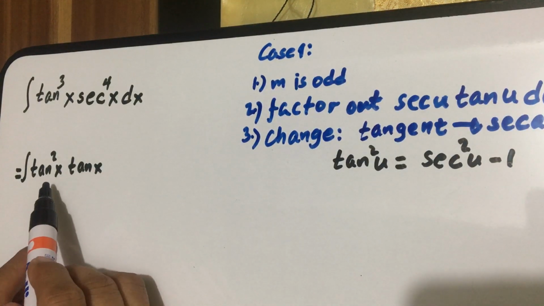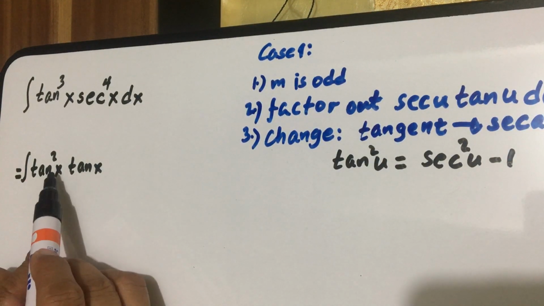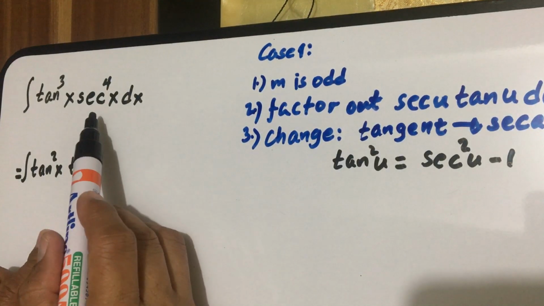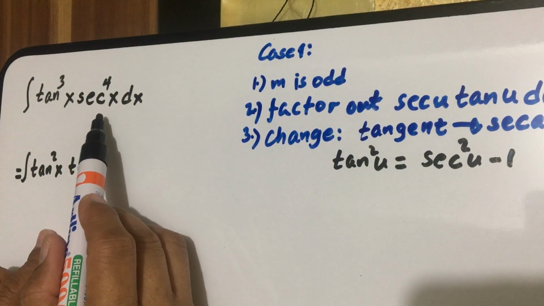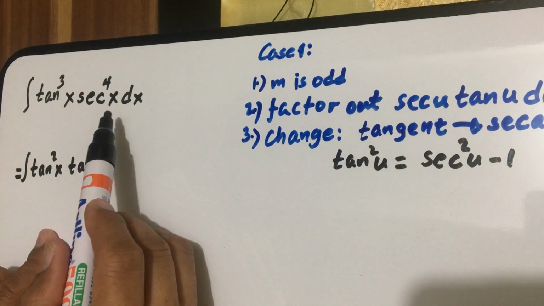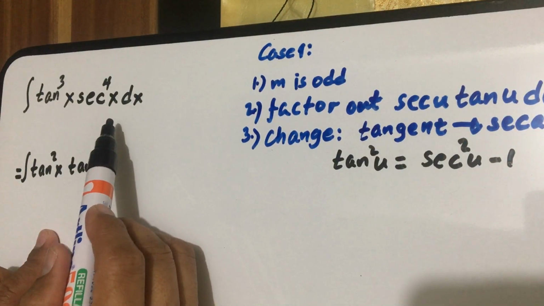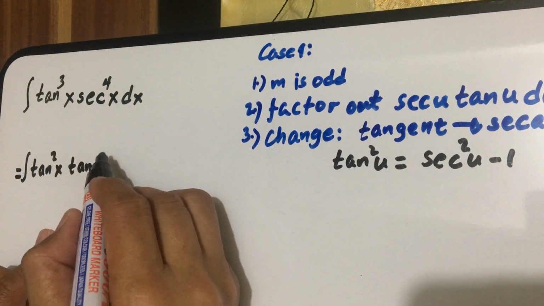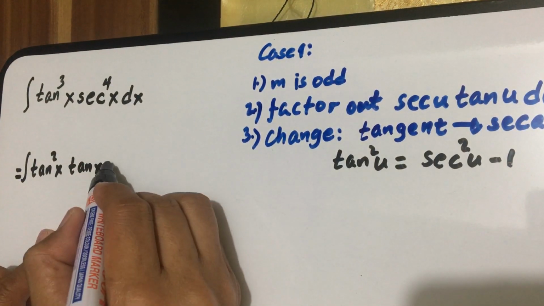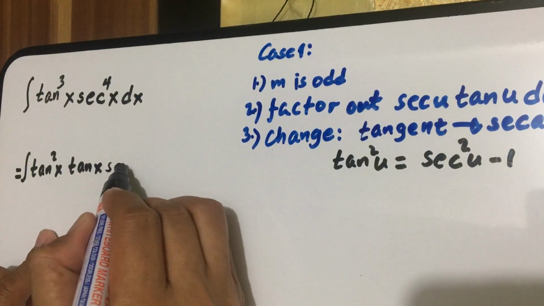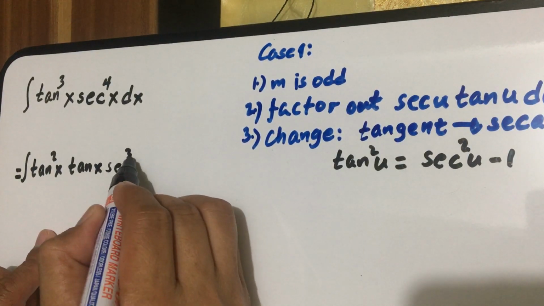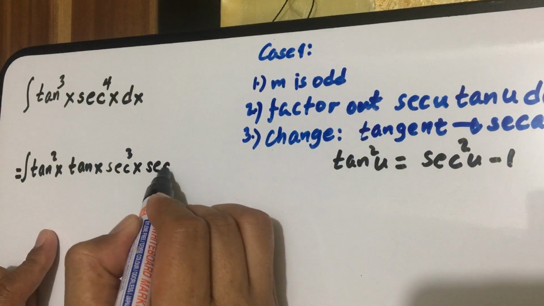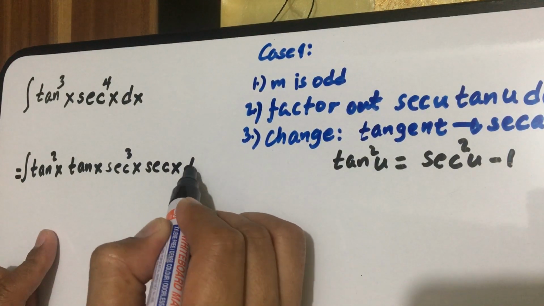Here we break tangent cubed into tangent squared x so that we can produce tangent x. We also break this into two factors so that we can produce a factor that is secant, then combine it with this tangent so we can factor them together. So this one can be written as secant cubed x times secant x dx.